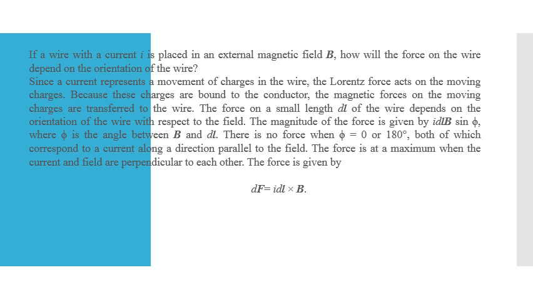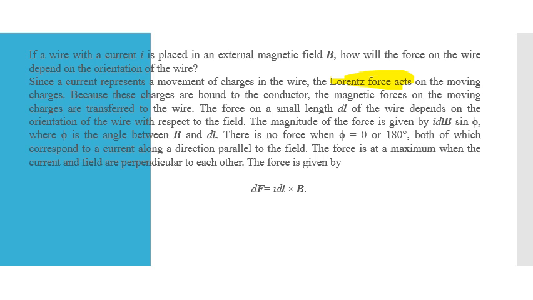We have discussed the concept of Lorentz force a lot in the previous slides. Because these charges are bound to the conductor, the magnetic force on the moving charges is transferred to the wire.